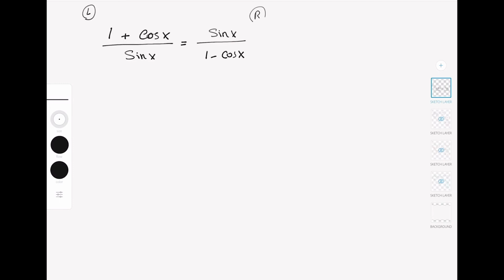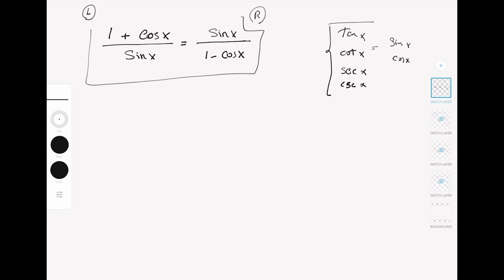Left to right or right to left? As you see, we have only sine and cosine. In the previous example, we dealt with tangents, cotangents, secants and cosecants. If we have those types of functions in an identity question, we usually write them in terms of sine and cosine. But in this example, we only have sine and cosine.